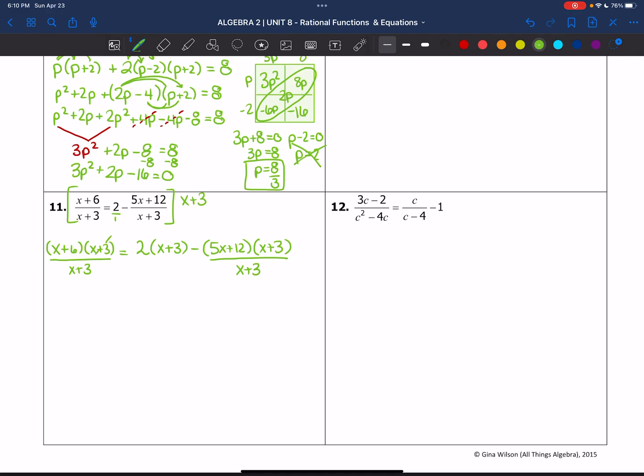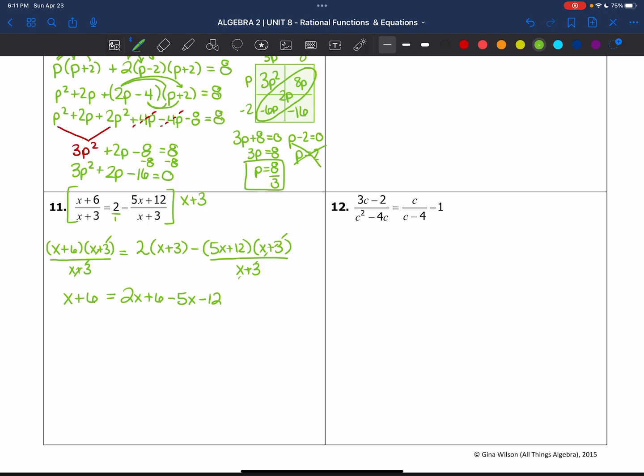Now these are going to simplify so that right here on the left-hand side, all I'm left with is x plus 6. Here I'm going to go ahead and distribute this out. It would be a 2x plus 6. And then over here, that simplifies. So I'm subtracting 5x and also subtracting 12. So that would be minus 12.